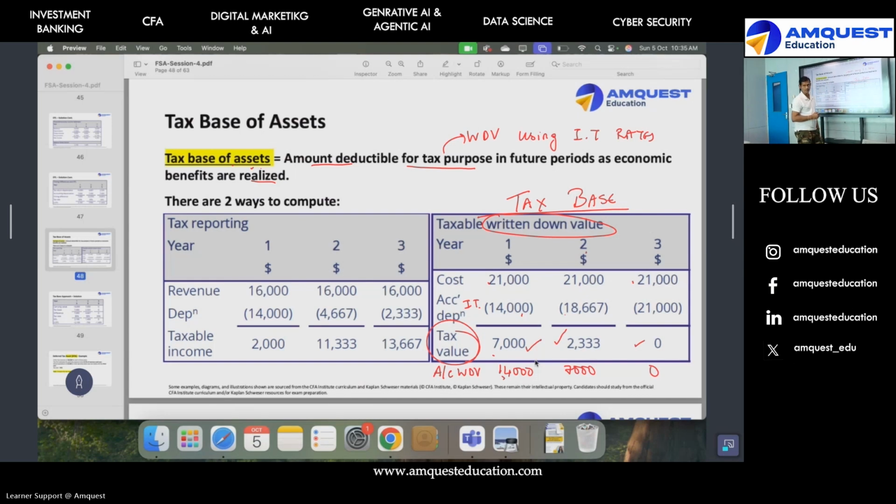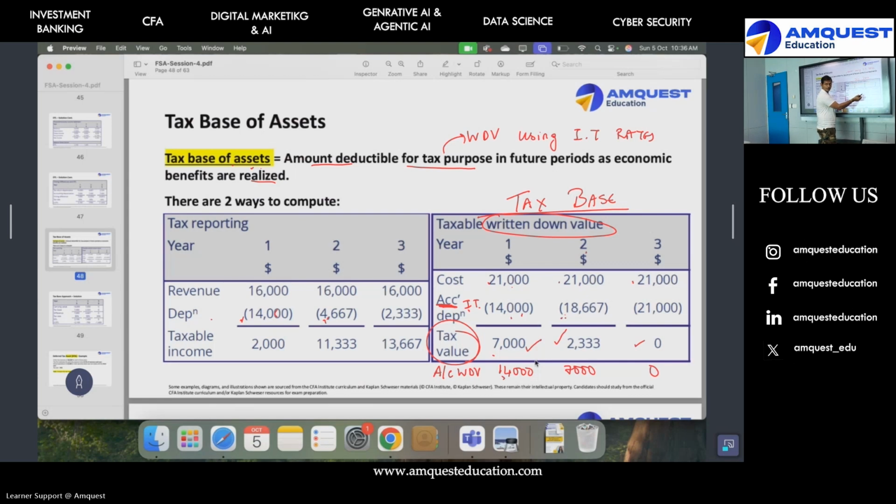How do we get this 14,000, 18,000 and 21,000? This is accumulated depreciation. If you go to the earlier slide, look at this. What's my depreciation every year? 14, then 4,667. Cumulative is 18. So if I take accumulated as per accounting, it will be 21 minus 7, that is 14.